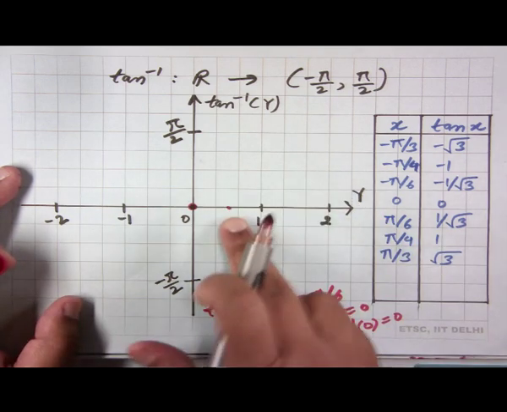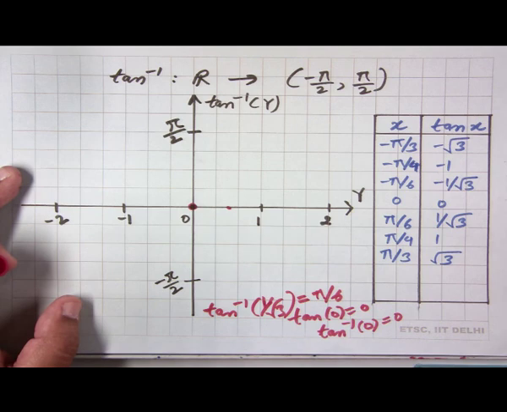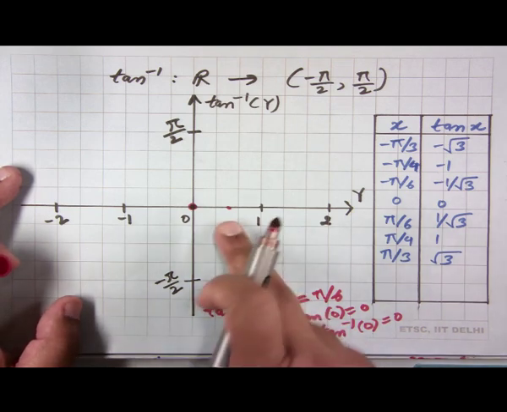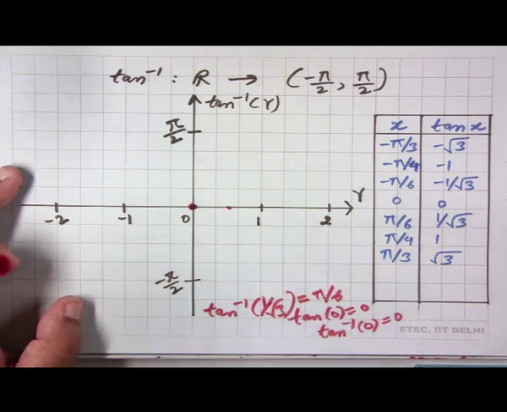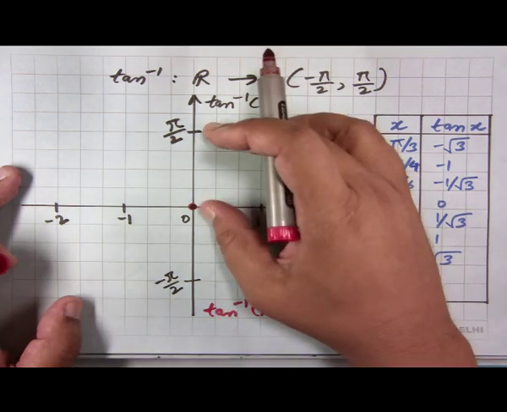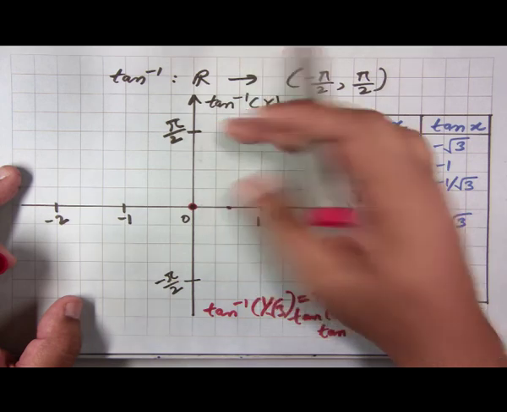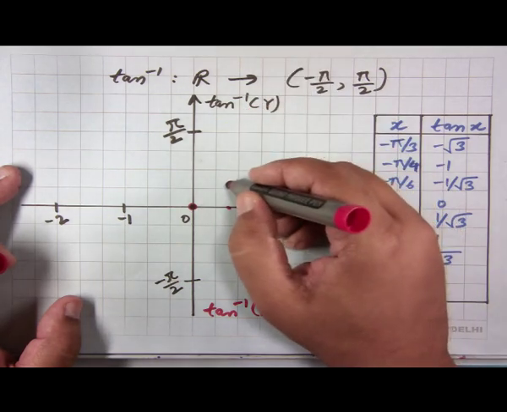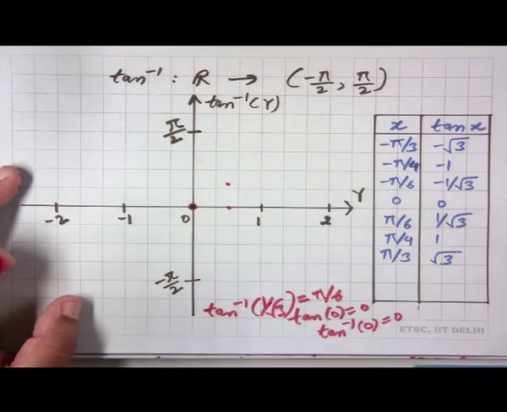So this is y equal to 1 over root 3, and the value of the tan inverse function at y equal to 1 over root 3 will be equal to pi by 6, which is 1/3 of this entire range, so it will be somewhere there.